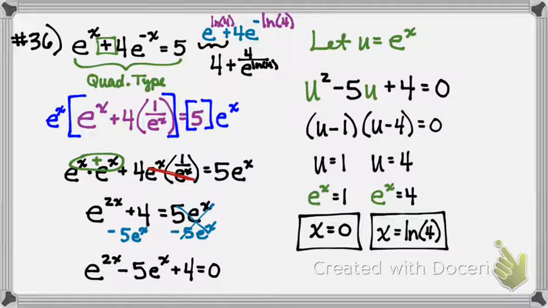What would the denominator be? 4 plus 4 over 4, which comes out to be what? 5. Yeah, 4 plus 1, which is 5, yes.